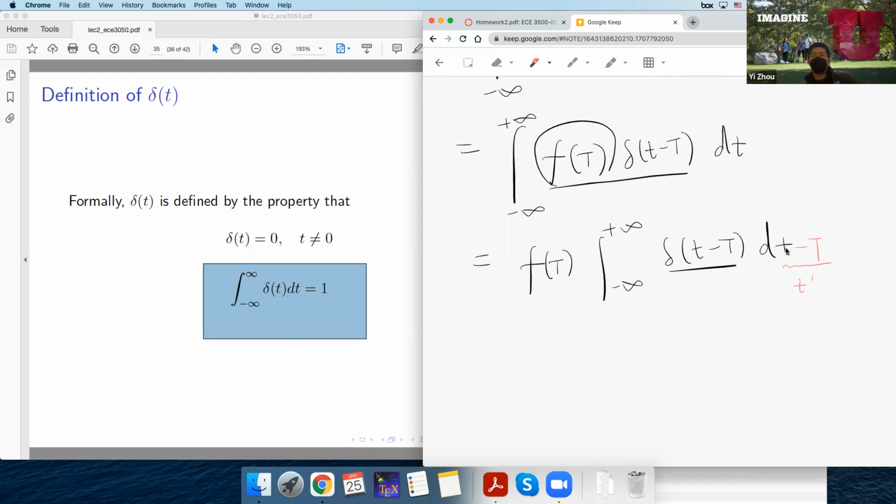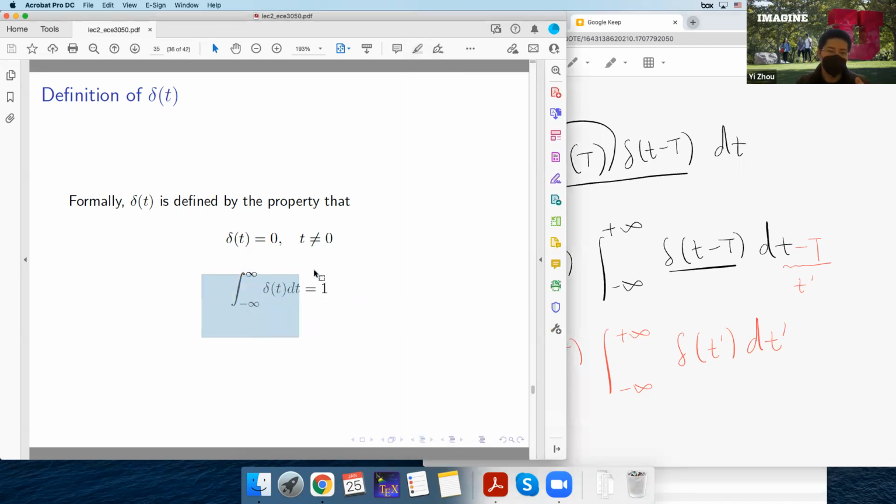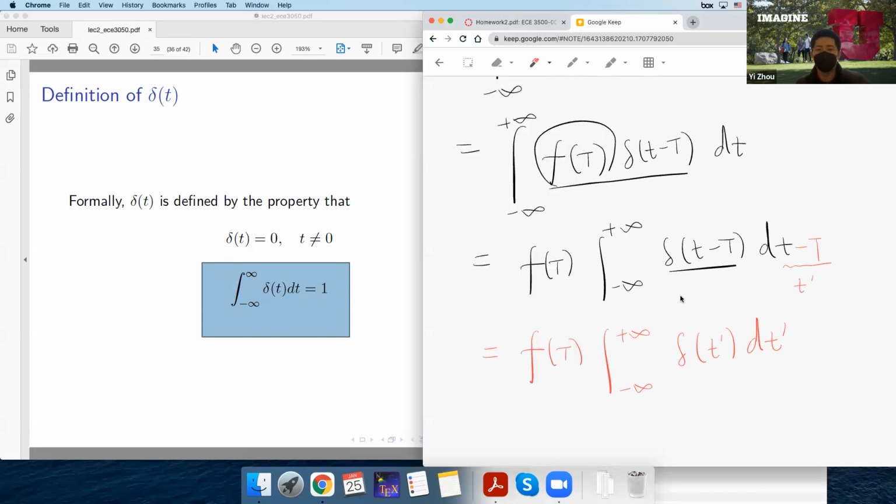Because the original range for t is from negative infinity to positive infinity, after change of variable, the range for t prime is still the entire range. And then you can leverage the definition of this impulse function, which tells us that the integration of this impulse always gives us 1.